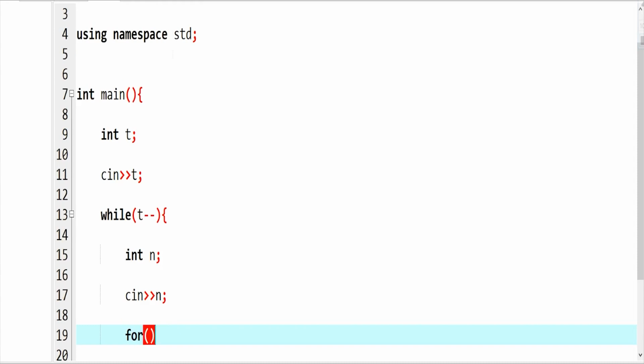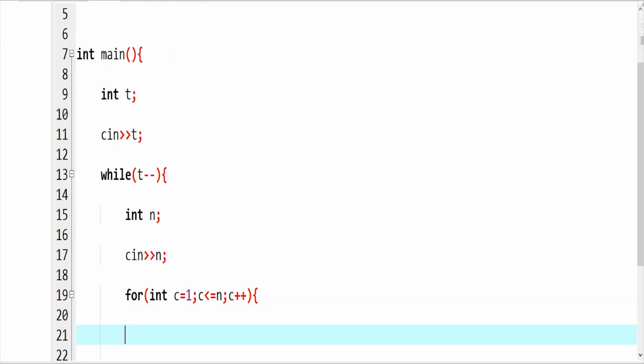Then we run c from 1 to n with c++. Inside this loop, we take b to be the first multiple of c, that is twice of c, and b should be less than or equal to n, with b plus equal to c.